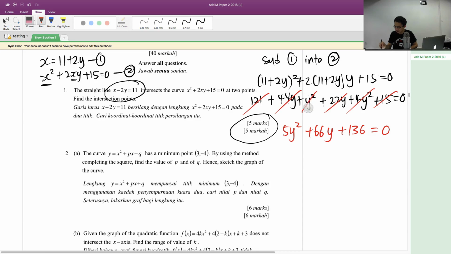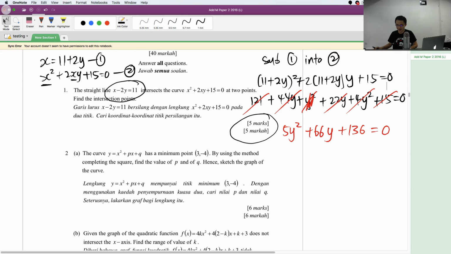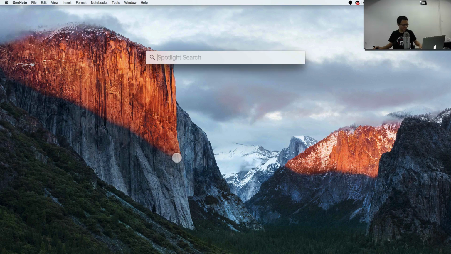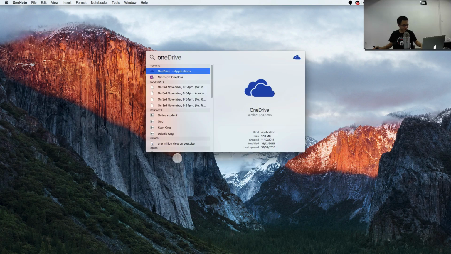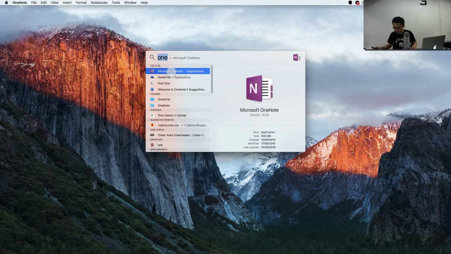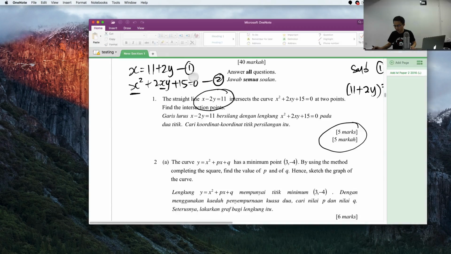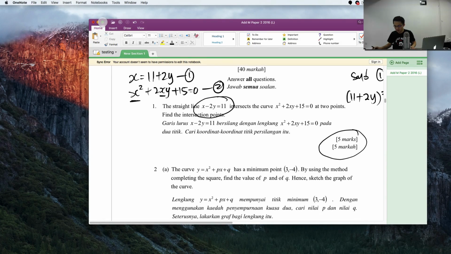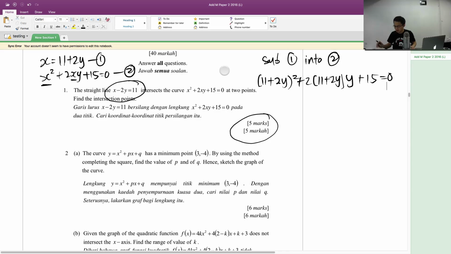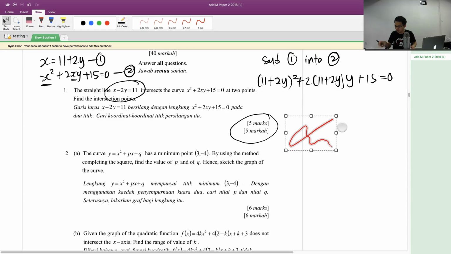Oops. Just starting this one and it already hangs. Interesting. Let me try the eraser. It couldn't work. Let me close and open again. I'm so sorry about that. Let me try to write something and then erase it.